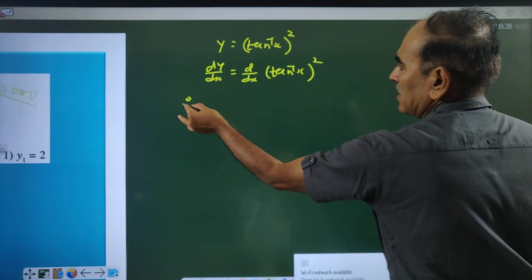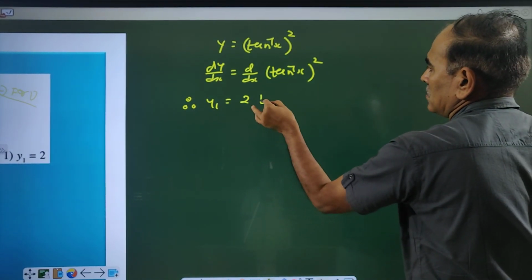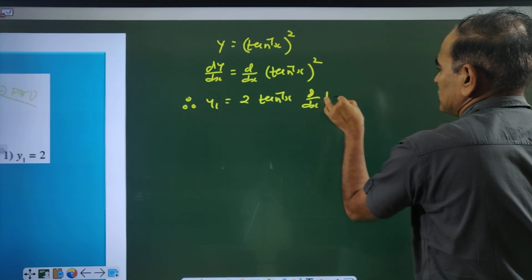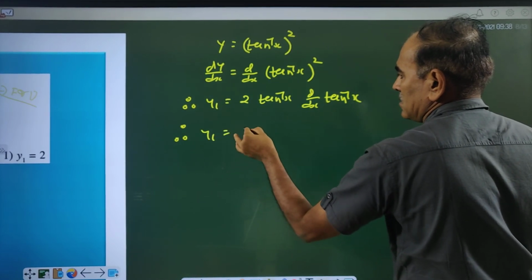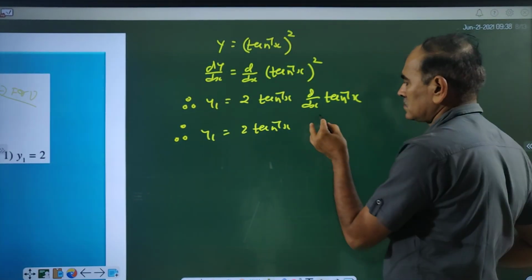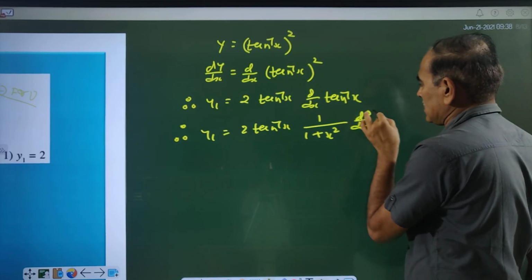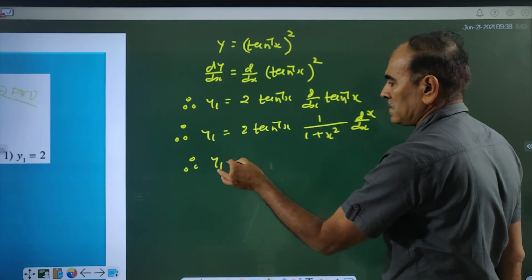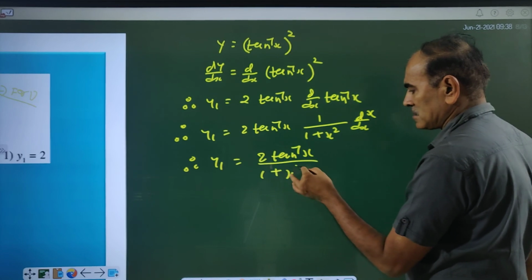So y1 is equal to 2 times some function, d by dx of some function. So y1 is equal to 2 tan inverse x, 1 upon 1 plus x square. So y1 is equal to 2 tan inverse x over 1 plus x square.